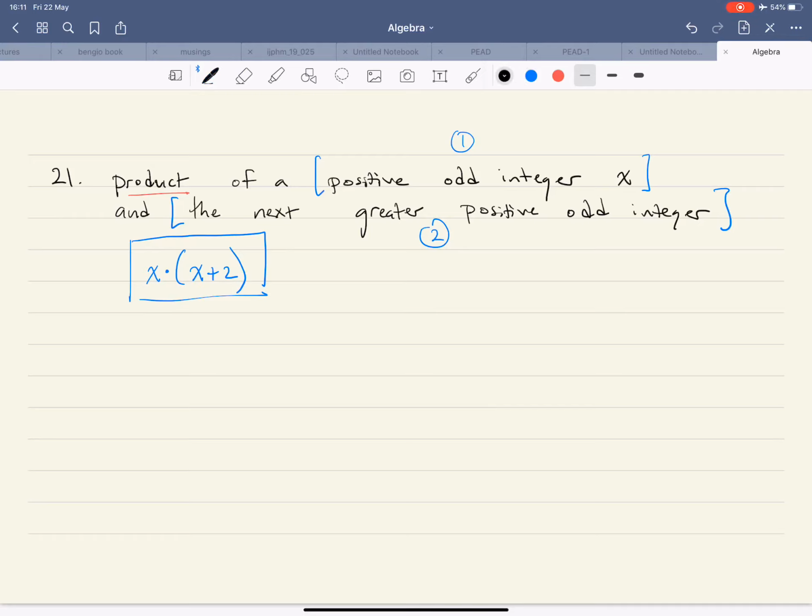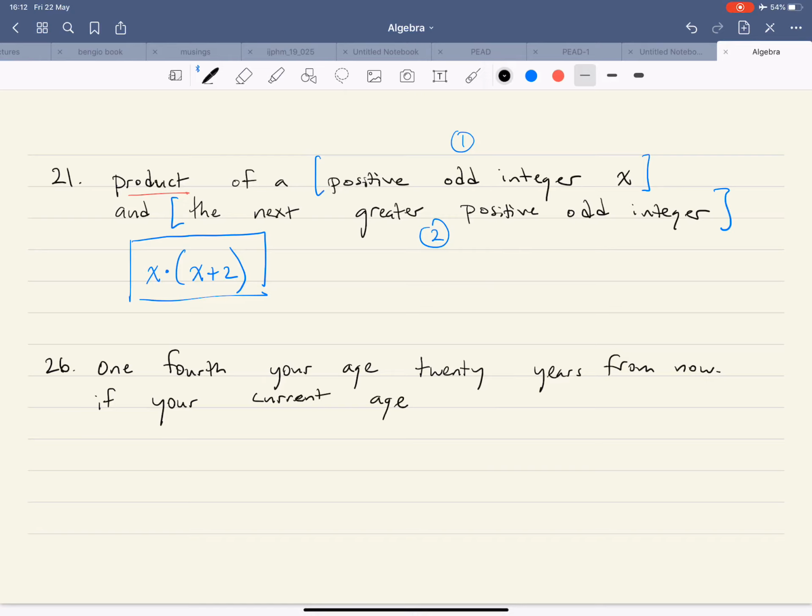All right. The next example that we'll do is number 26. So now our phrase is 1/4 your age 20 years from now, if your current age is n.